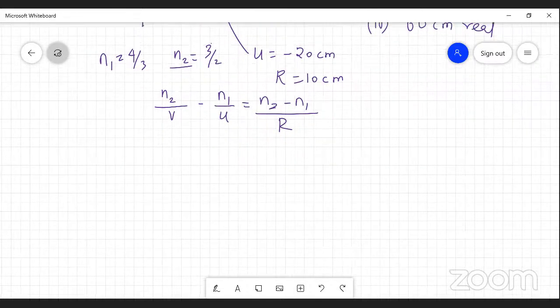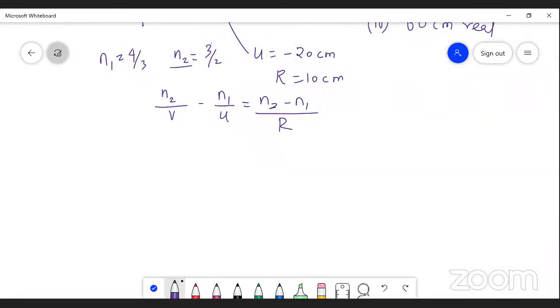N2 is equal to 3 divided by 2. N1 is equal to 4 by 3. U value is minus 20.